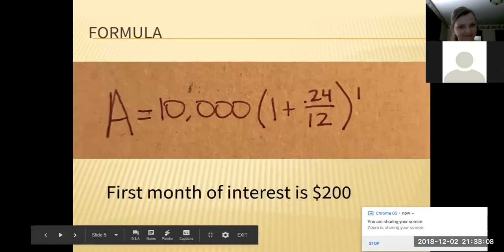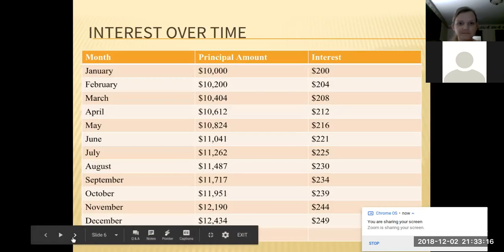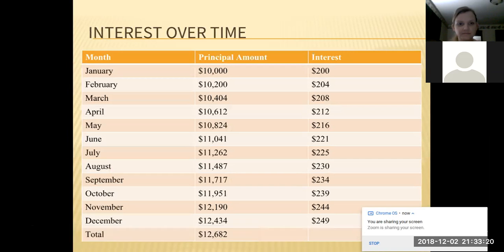When using the formula as shown, the first month will yield $200 in interest. After that, it is added to the original principal, and the 2% interest will be taken on that and added again. This goes all the way throughout the course of the loan.